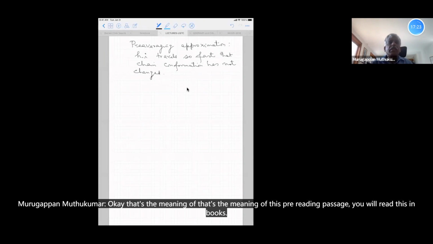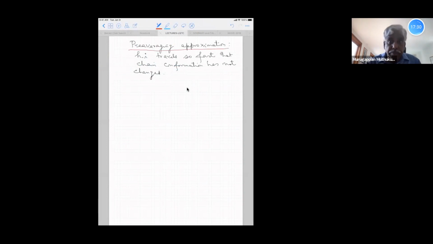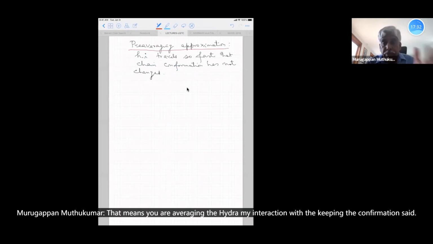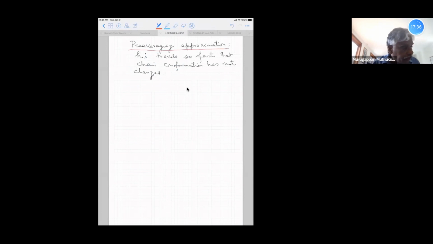Okay, that's the meaning of this pre-averaging approximation. You will read this in books. That means you are averaging the hydrodynamic interaction while keeping the conformation the same.